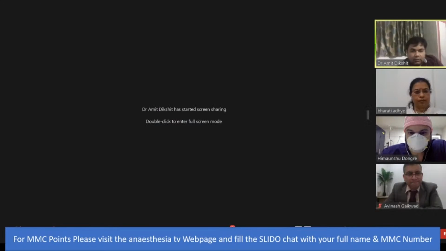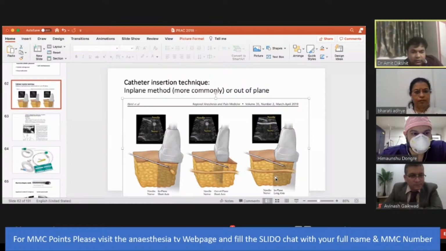So I'll share. The catheter placement can be done in different ways. You can see here how the catheter is being placed. So it is in plane and the nerve is out of plane. Here is the long axis of the nerve and the long axis of the probe as well. If you put it in the long axis of the nerve and the long axis of the probe, that is the best placement.